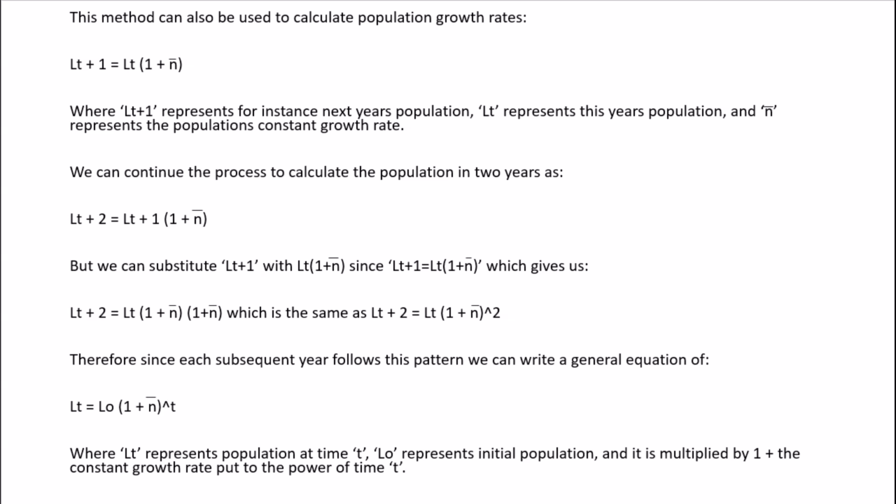So, therefore, since each subsequent year follows this pattern, we can write a general equation of LT being the population size in a given year being equal to population size in the initial year multiplied by 1 plus the constant growth rate put to the power of the year we are looking at.